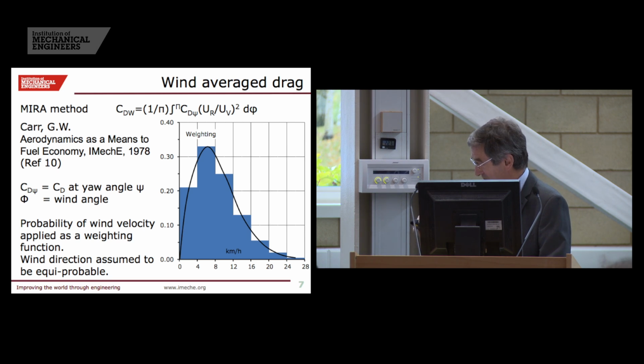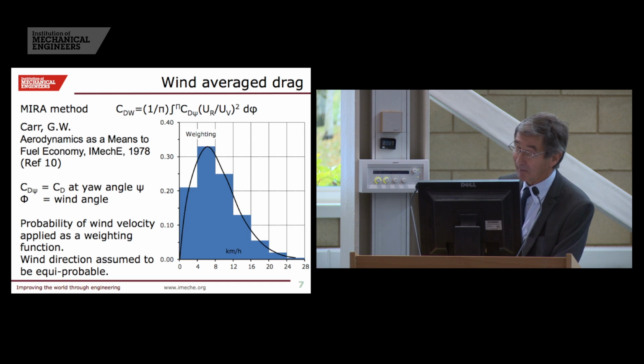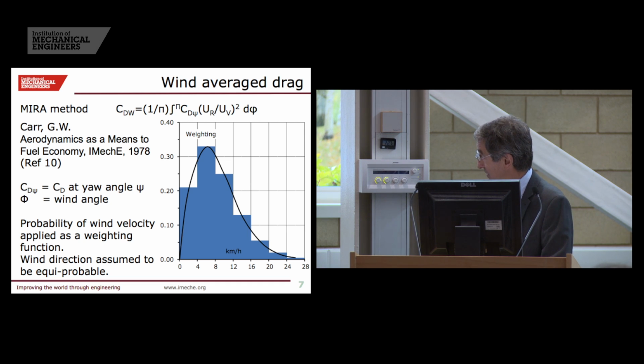This, by the way, Steve, is the reference you're probably looking for, Jeff Carr's introduction of the wind average drag term. And again, our wind average drag is a function of this CD psi term, which is a function again of car velocity, wind velocity, and wind angle.